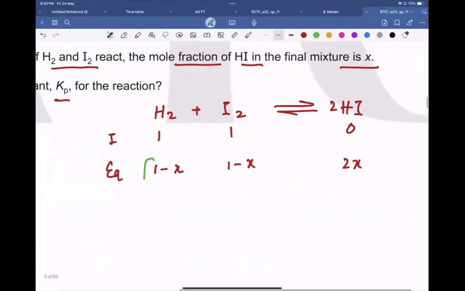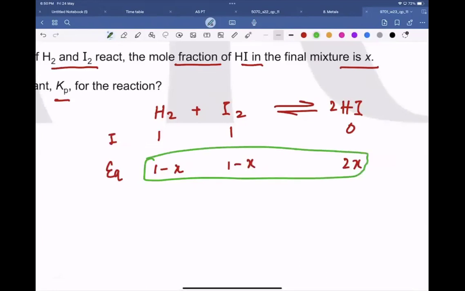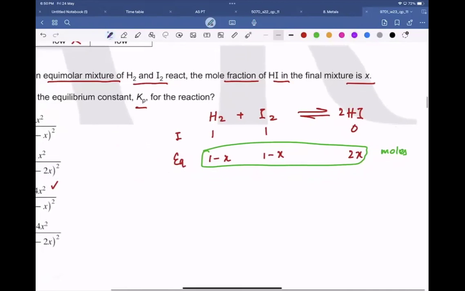Yeah, these are moles at equilibrium, right? Okay. Now, have a look and try to figure out carefully. Kp is equal to partial pressure of hydrogen iodide square over partial pressure of hydrogen times partial pressure of iodine. Is this clear?